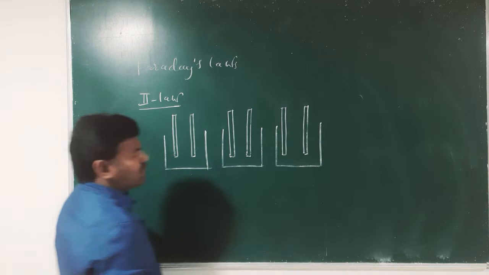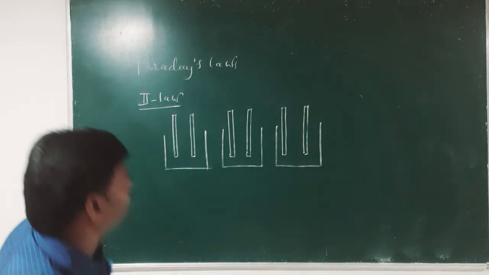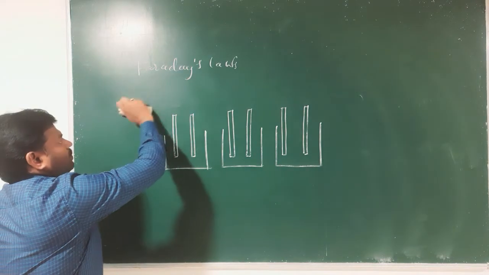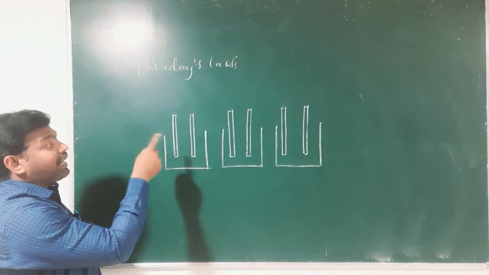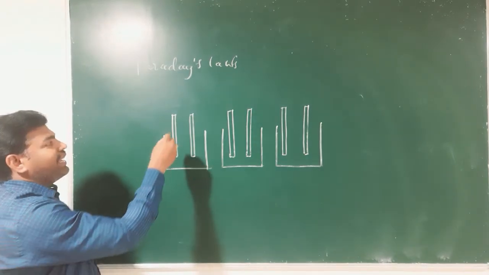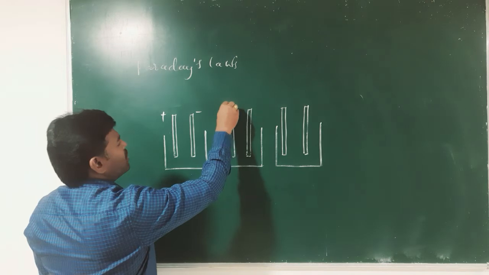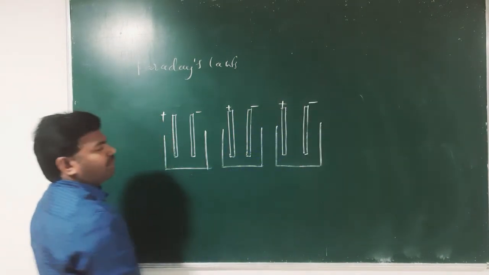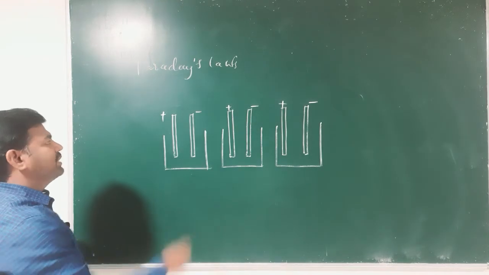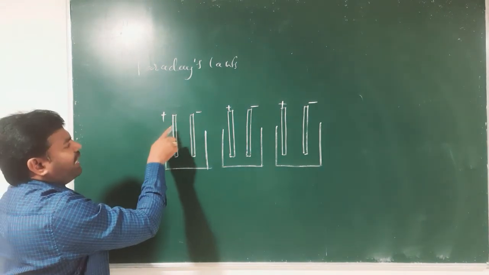So, these are the 3 electrolytic cells connected in series. This is positive electrode, negative electrode, positive electrode, negative electrode, positive electrode, negative electrode, that is cathode, anode, connected in series.